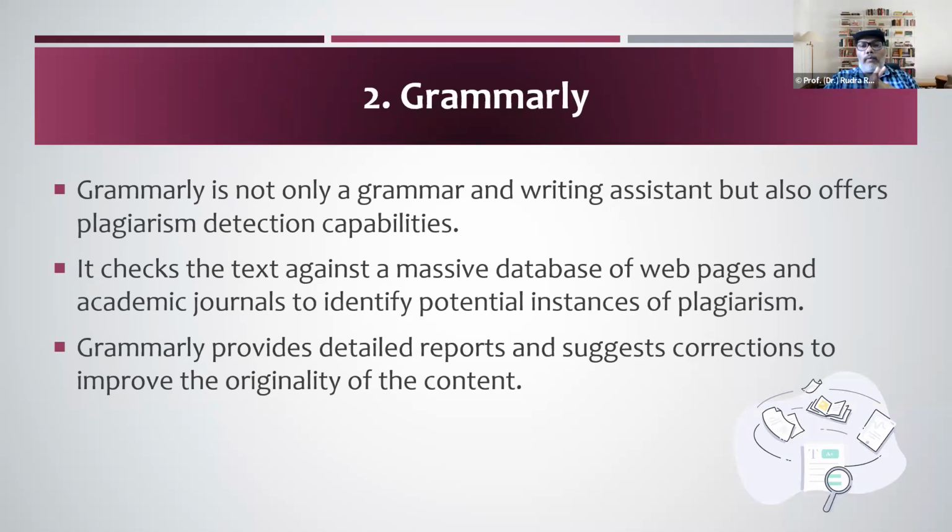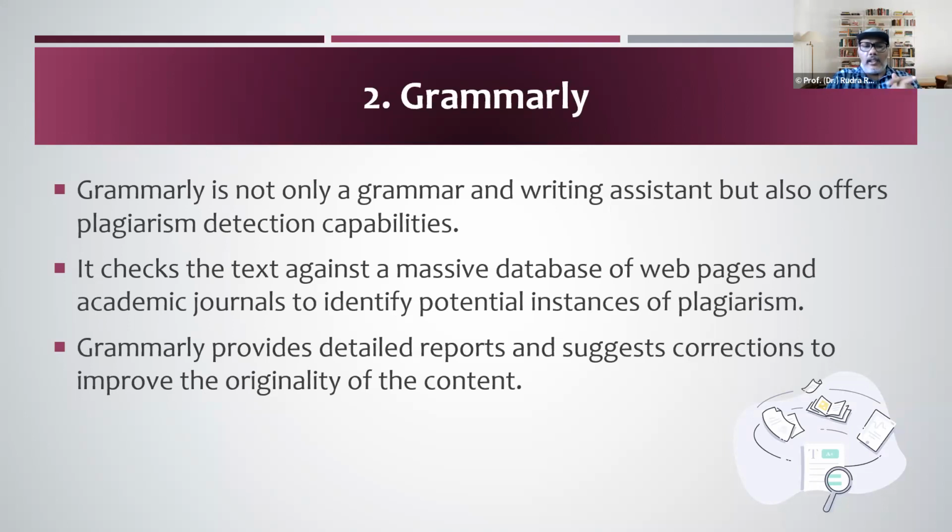Turnitin is a pure software used solely for the detection of plagiarism or similarity index. But Grammarly is not only a grammar and writing assistant for writers and authors, it also offers some plagiarism detection capability these days. They have added it because every company wants to give more capabilities, and so that customers do not switch to other software like Turnitin.